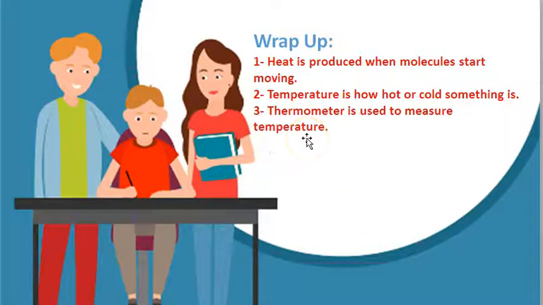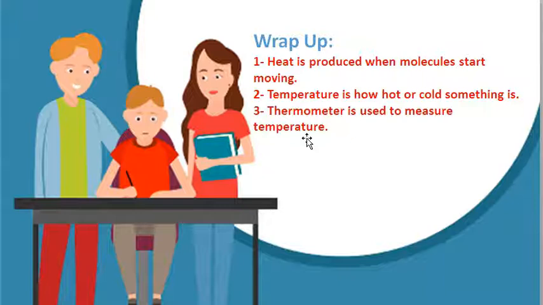Wrap up. Heat is produced when molecules start moving. I told you that heat is a form of energy. The faster the molecules move, the hotter the object gets. And when molecules start slowing down, the matter that the molecules are in gets cooler. And what is temperature? Temperature is how hot or cold something is.